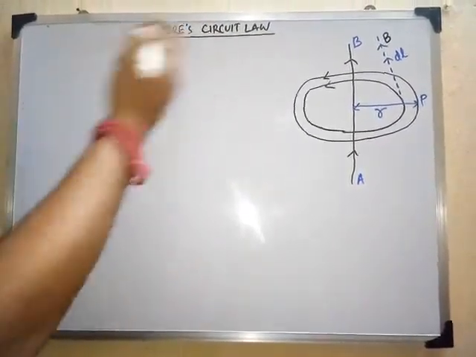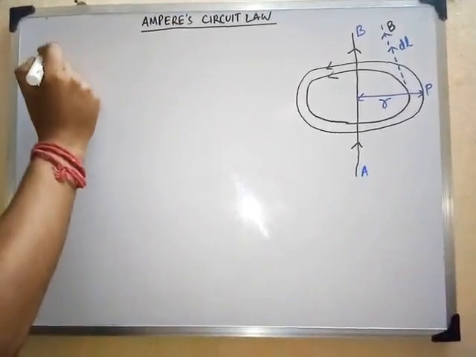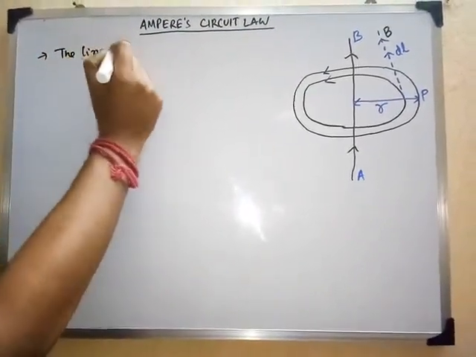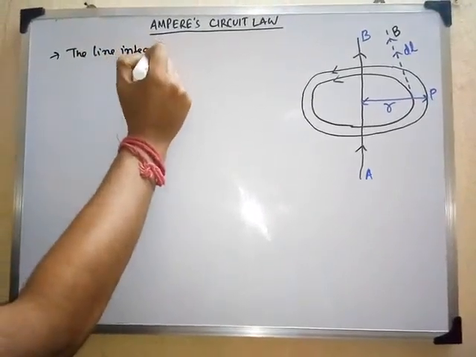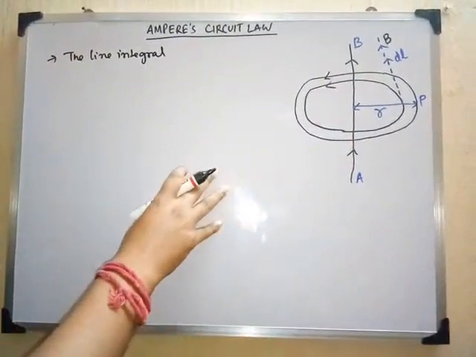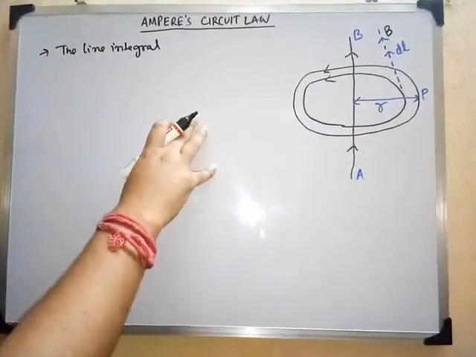To start with, let us learn the law first. The law is, let me write it here, the line integral. I have drawn this figure, and I'll explain this figure to you also. First let us see what the law states.